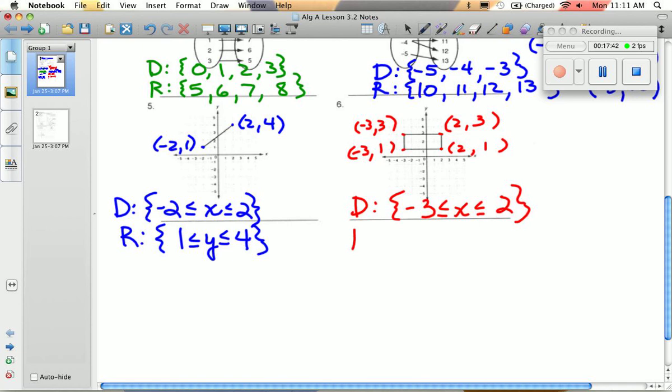Okay, and now we'll do the range. Try the range on your own. See if you can get it. Remember, our range is up and down. Y values. What's the lowest it goes? What's the highest it goes?